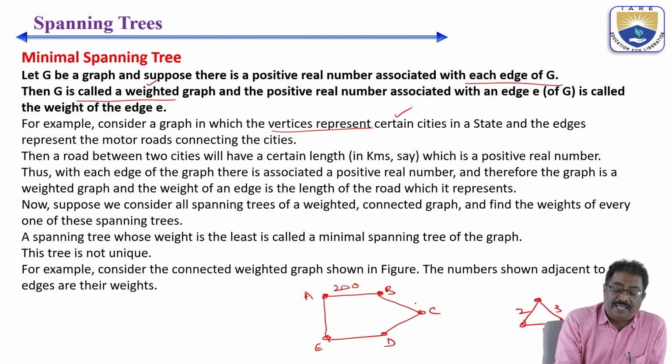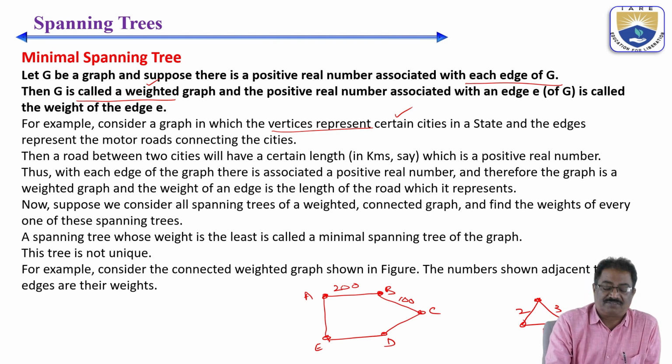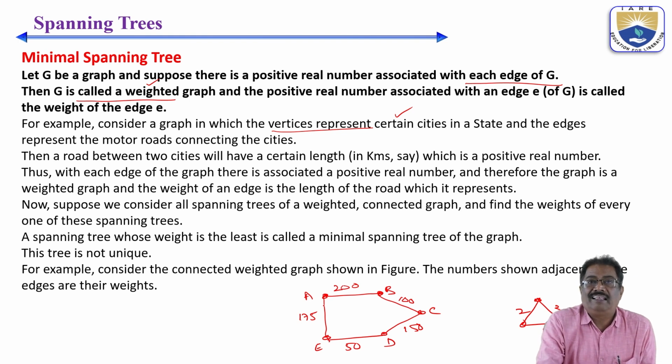So if I am assigning another weight, B to C, let us say 100 kilometers between these two cities, then another weight is going to be assigned. Like that, we are going to assign the distance between each pair of cities, representing kilometers in terms of numbers.